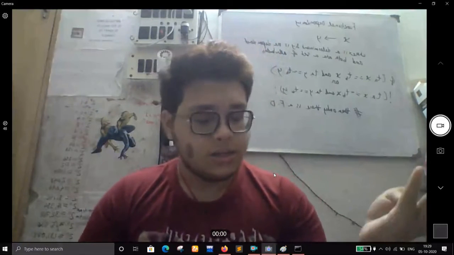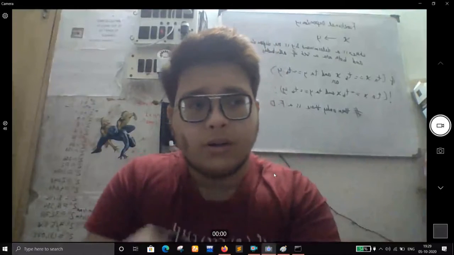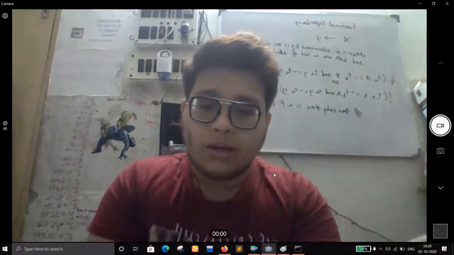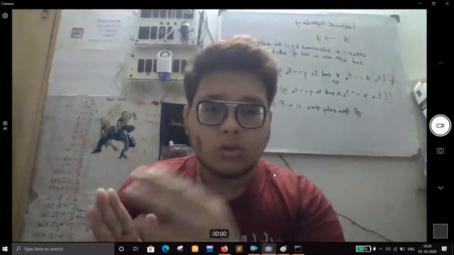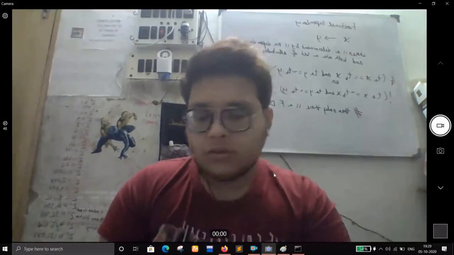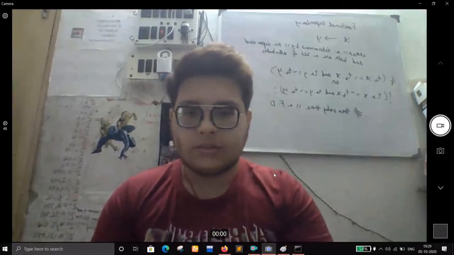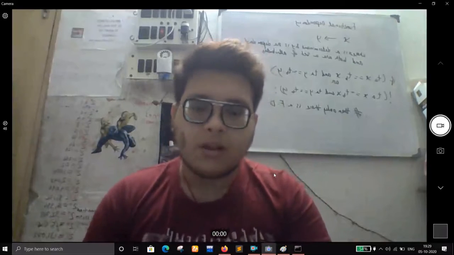For example, factorials, or let's say you give a number. Let's choose a random number. Let's say 3. So you want all the numbers starting from 1 to the number you gave, which is 3, to add. So 1 plus 2 plus 3 gives us 6, right?